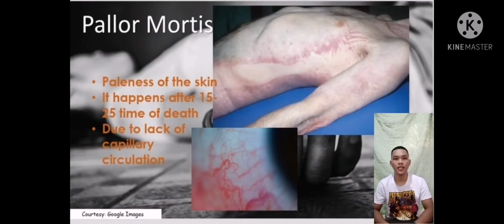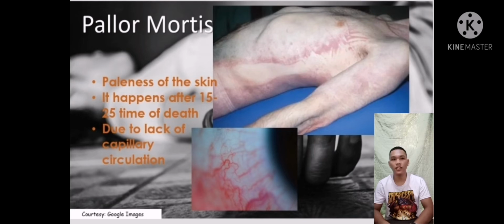The first one is the pallor mortis, and this is the first stage of death, and it refers to the paleness that develops in the corpse approximately 15 minutes to 2 hours after death. This paleness is more prominent in those with lighter skin tones, especially those with a ruddy complexion, and less so for darker skin types.